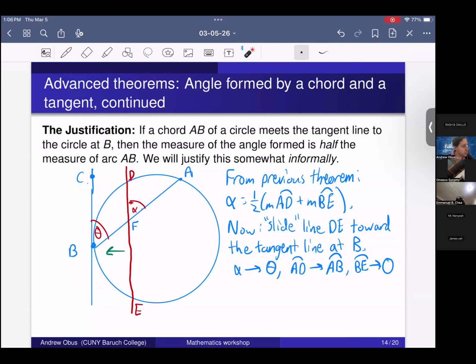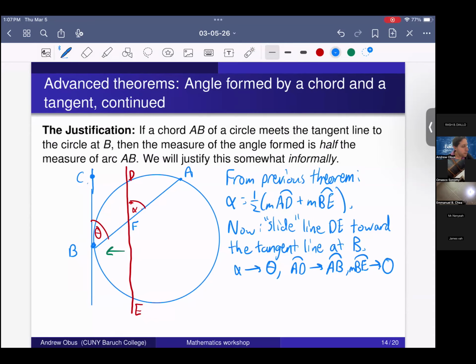Okay. So the point is that I could have drawn this line anywhere. I have alpha is 1/2 the measure of AD plus the measure of DE. But as I slide my D and my E over, alpha goes to theta, AD goes to AB, and the measure of BE goes to 0.